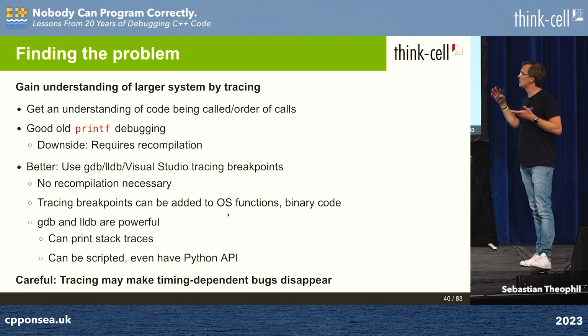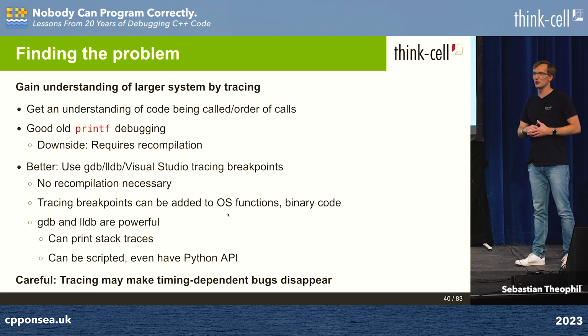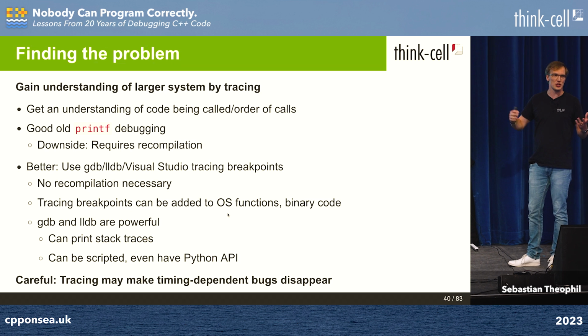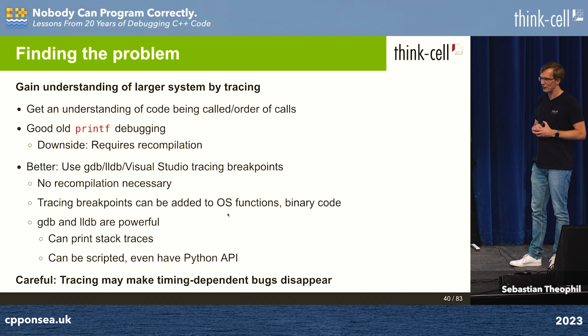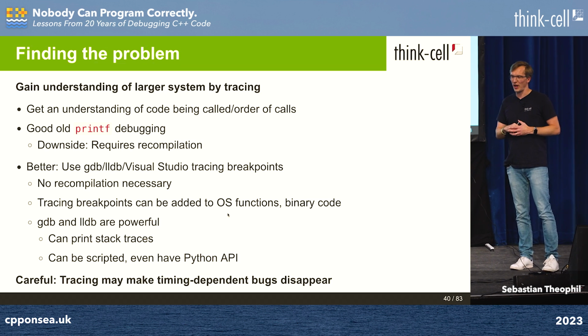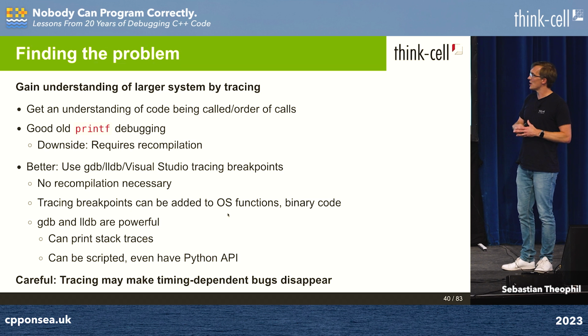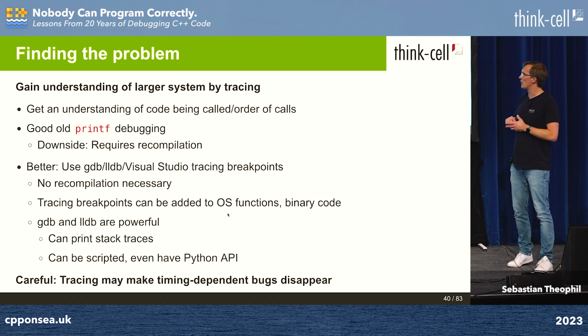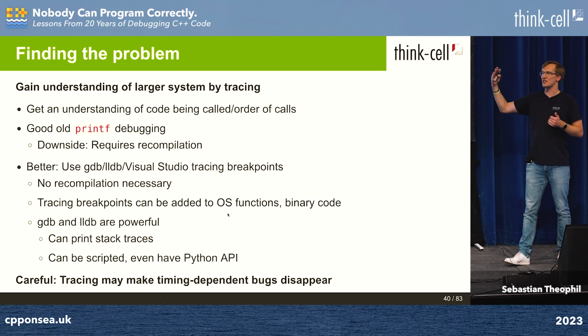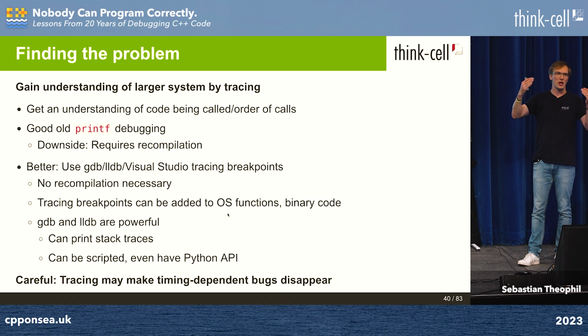because you don't need to recompile your code, and you can add them even to operating system functions. You can add them to arbitrary locations in the binary code if you want to. So they can do strictly more than printf. And GDB and LLDB are so powerful that when such a breakpoint is hit, you can also make the debugger print a stack trace. So you can not only find out what is being called, you can also find out by whom that was called.